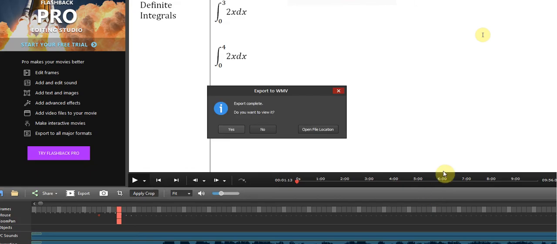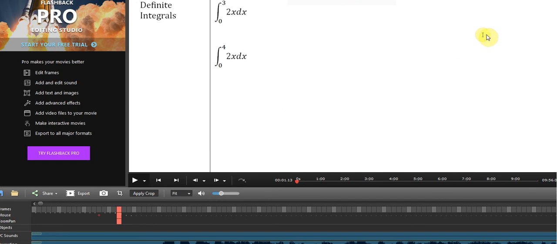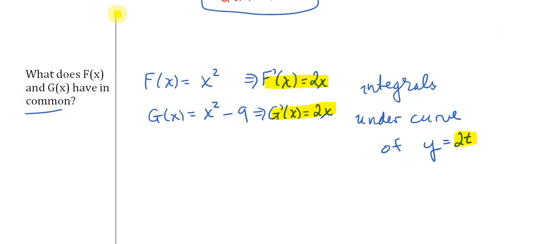Okay. So this is a relevant and important point. It's really by no coincidence that the derivatives of these area functions happen to equal the function of the curve. Let me say that again. The derivative of the area function is equal to the function of the curve.